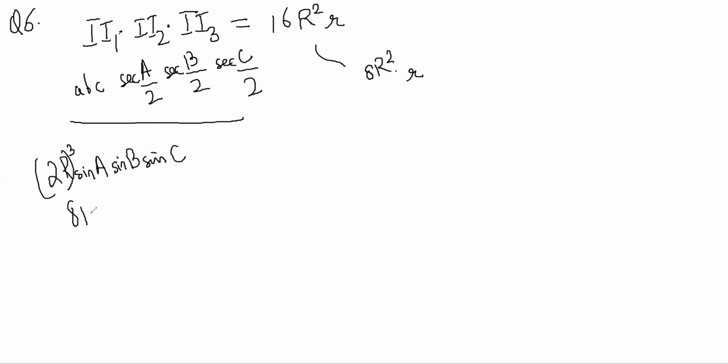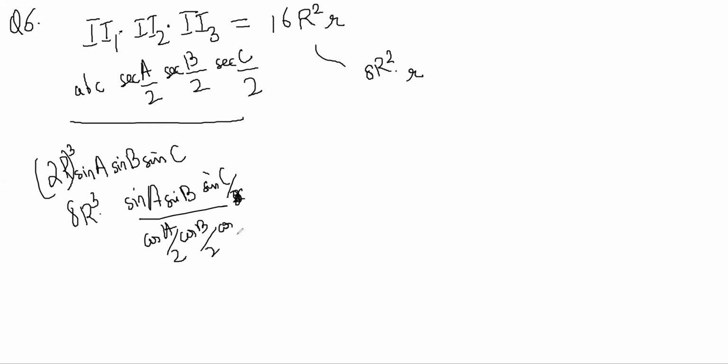You're getting 8 capital R cube sin A sin B sin C by cos A by 2 cos B by 2 cos C by 2, right? Correct. So this becomes, make it 8 4 2 2 2 and half angles, right?